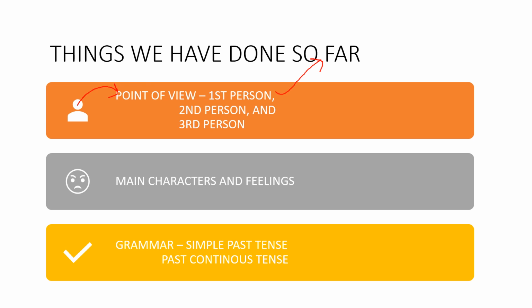There is an A4 size sheet given to you which says who is telling the story. So basically here we are talking about the narrator of the story. So this is the first person narrator. First person is the first person point of view.